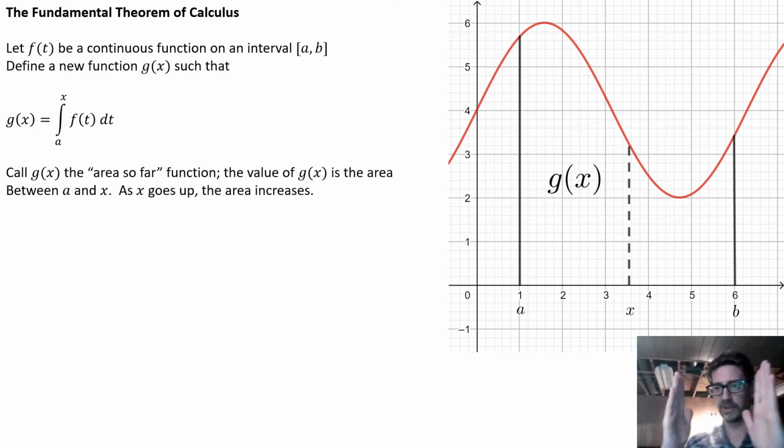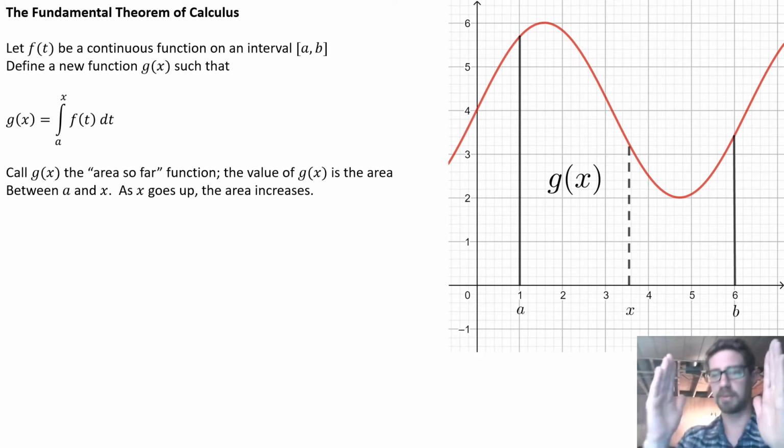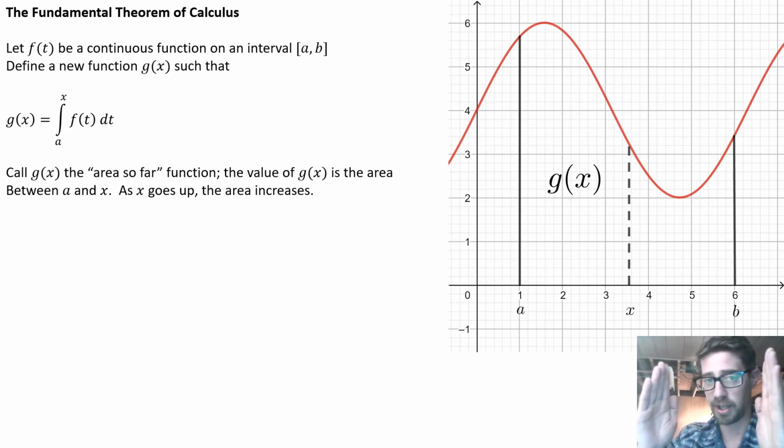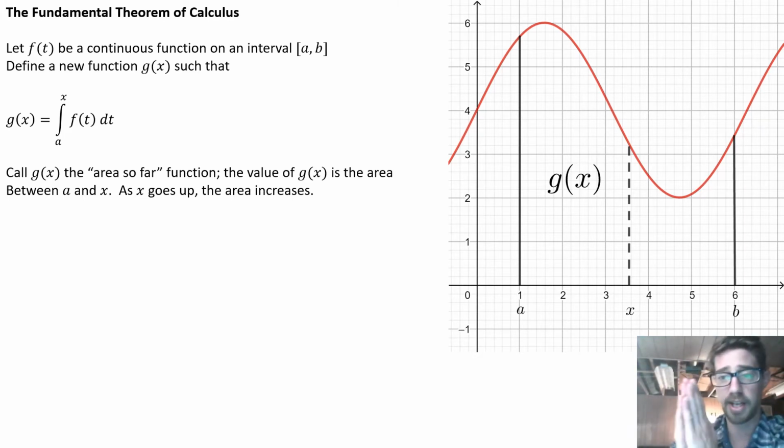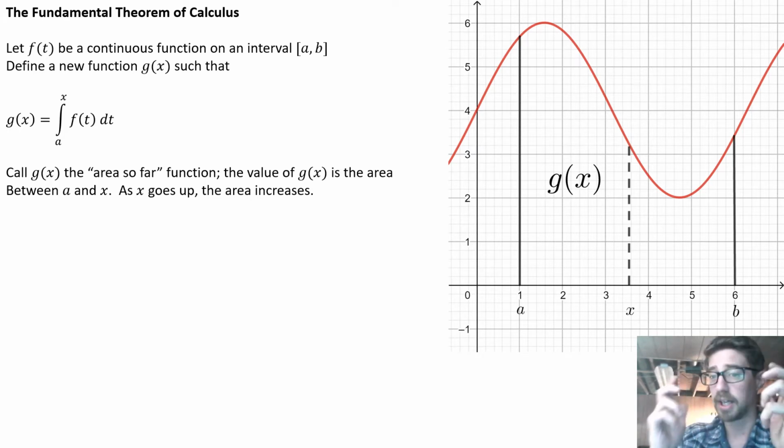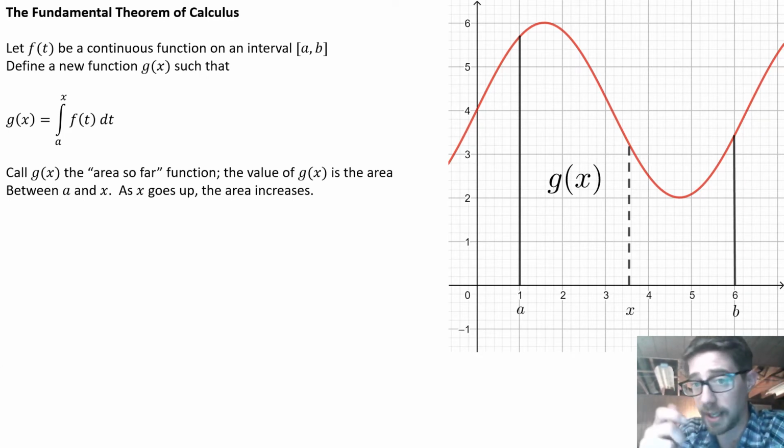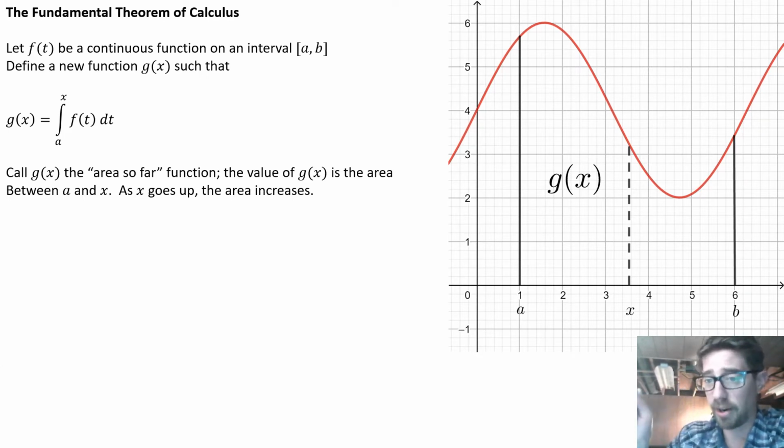So x can only really go up to b. If x is all the way up to b, that's all of the area, and that's going to be the value of the function there. So as x starts at a, g of x starts at 0 because there's no area, and then x slides up, and the area increases. Just picture that dashed line moving to the right, and you're getting more and more area under that curve between a and x as x moves around.